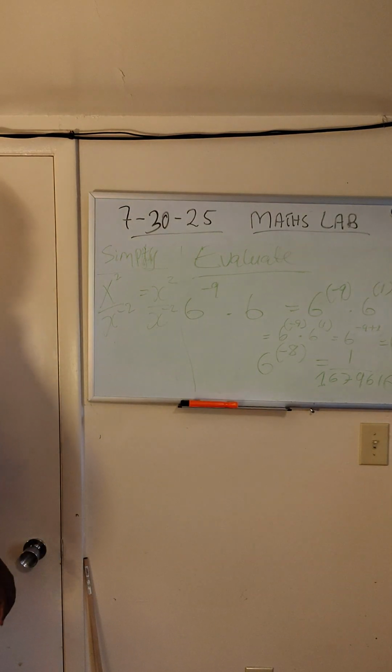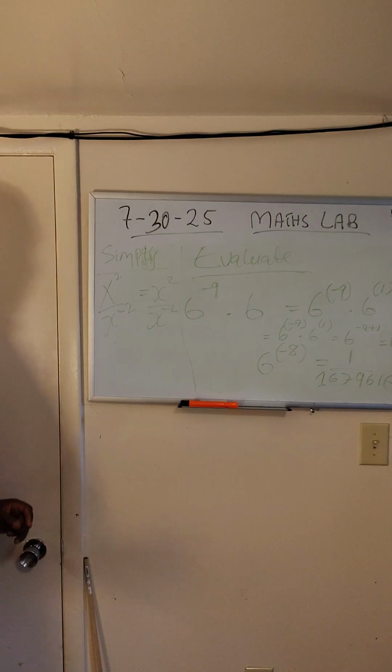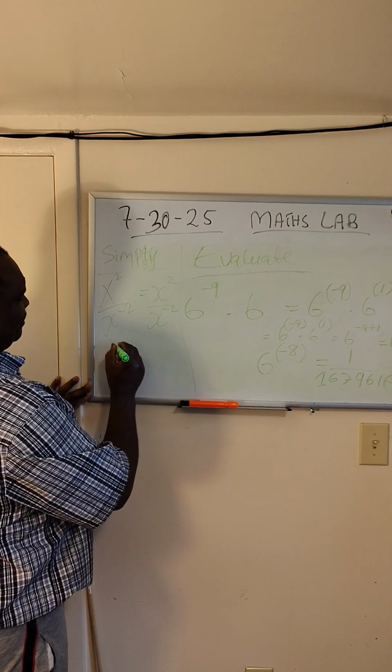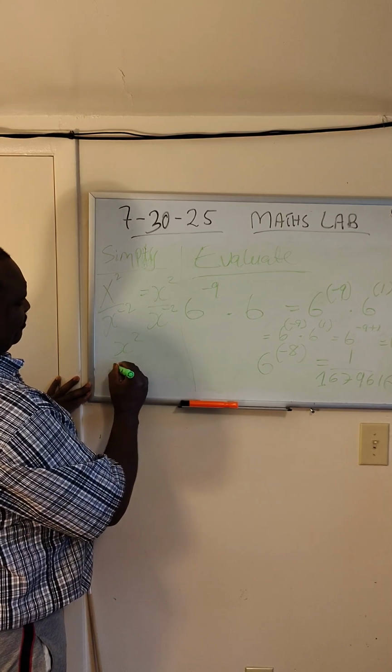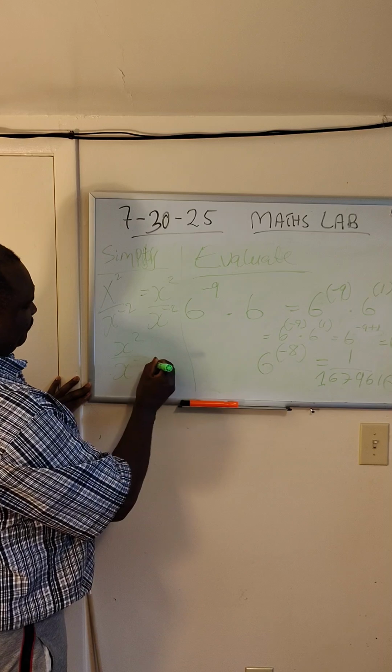And then our next step is x squared over x raised to the power of negative 2.